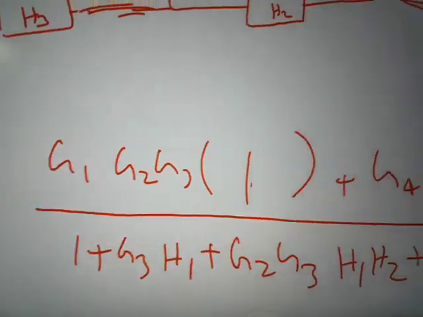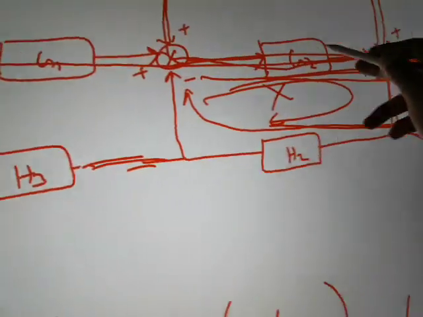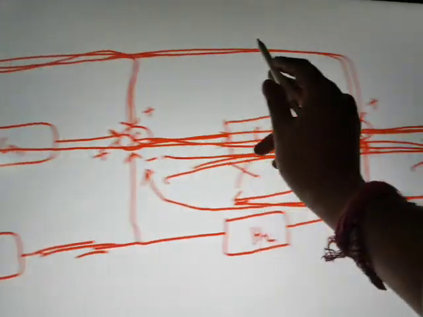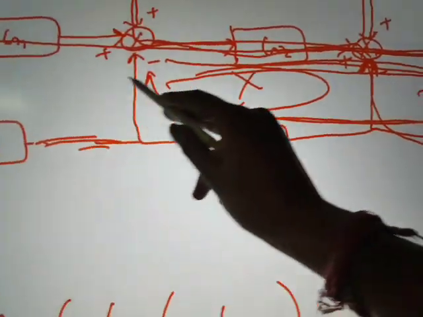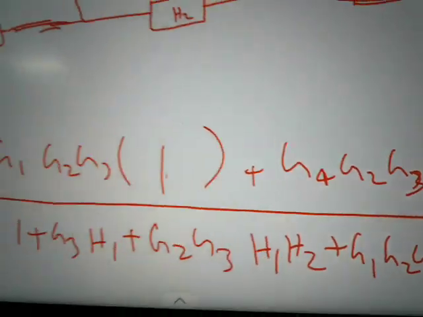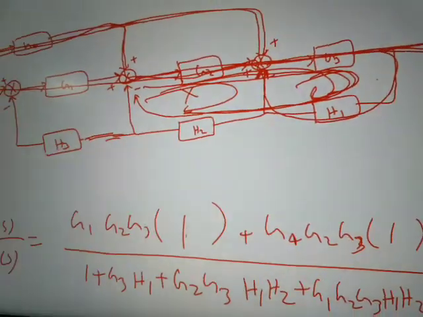Now for this forward path G4 G2 G3, all loops are touching, so del k will be 1. For this forward path G4 G3 also, all loops are touching, so del k will be 1. And here non-touching loops are 0.